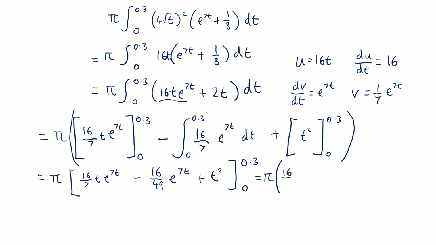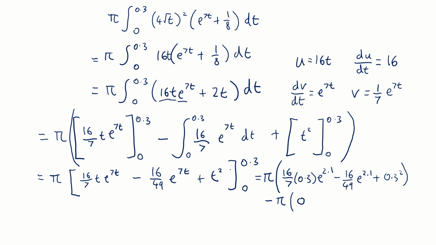So sort of cramming it in this corner, 0.3 e to the, well, it'd be 2.1, minus 16 over 49 e to the 2.1, plus 0.3 all squared, minus, cramming in, as I said, plugging 0 into all those things. Now, the thing to point out is, of course, 16 over 7 t times e to the power of 7t will become 0 when you plug 0 in because of the t.